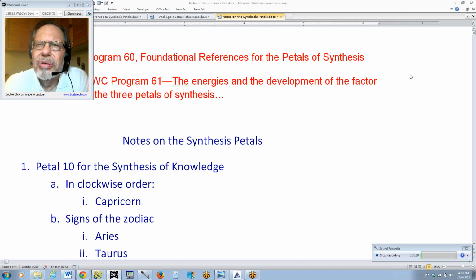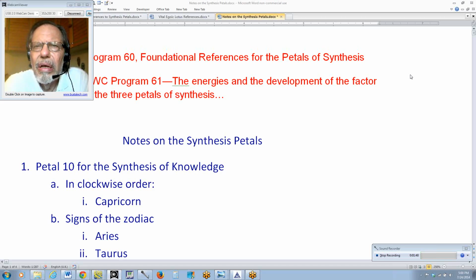We've been told how much knowledge, for instance, is accumulated by the initiate between the 3rd and 4th degree, contributing to the vitalization, I'm sure, of the opening of the Synthesis Petal of Knowledge, the 10th petal. But all of these petals of synthesis, since will, love, and knowledge all play into each other and support each other, have to burst open, revealing the jewel, before the 4th degree.